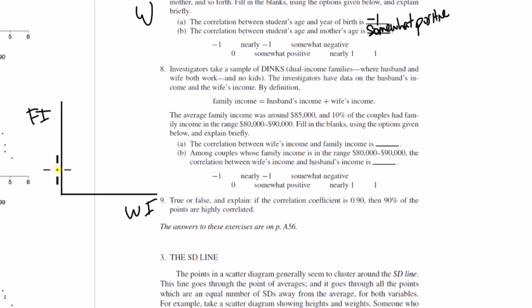Then we're going to go up this amount, that would be equal to the wife's income. We have to double that, but then go up a little bit to get to the family income, right? Because you double it, but you add a little bit because the husband makes a little bit more than the wife. So like that.